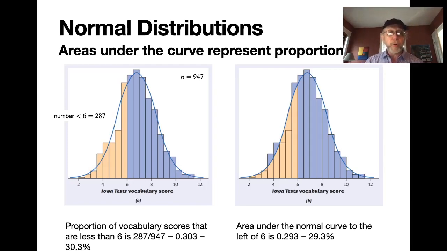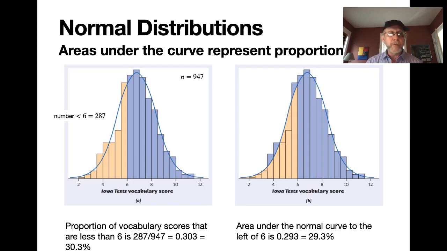How could a normal curve give us the same kind of answer? Well, in a normal curve, what we would look at is the area under the curve corresponding to scores that are less than 6. So that's what you see highlighted in the right-hand figure. Notice that that area doesn't exactly match the area under the histogram.